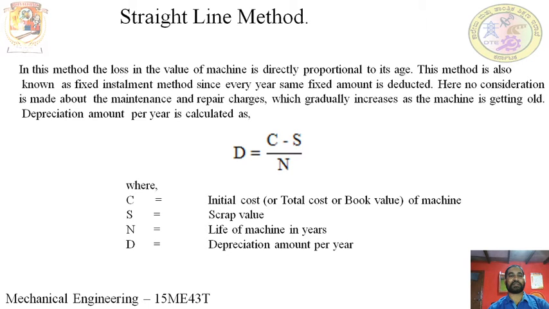Hence, no consideration is made about the maintenance and repair charges, which gradually increase as the machine gets older. This is one disadvantage of this method. The repair and maintenance charges will not be much higher in the initial period, but suppose the life of the machine is 10 years, after 5 years the repair and maintenance cost is much greater compared to the earlier 5 years, because the machine is getting older.